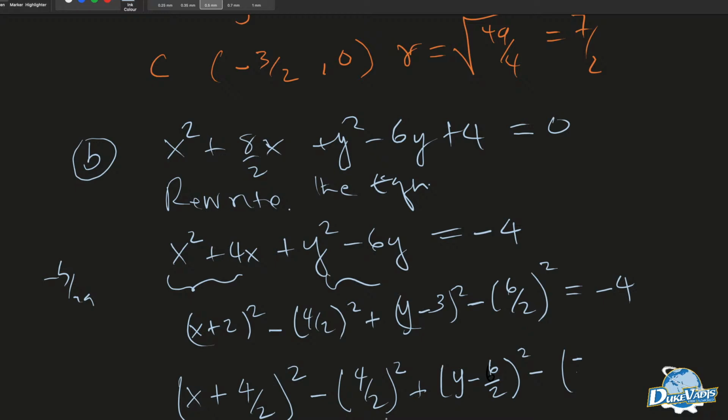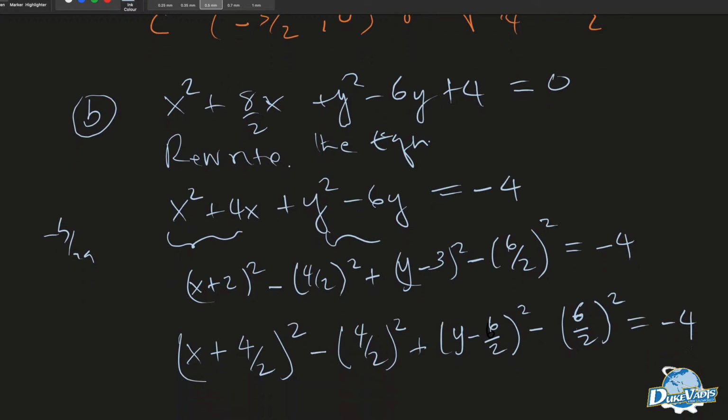And here, if you look at it, this one is 6. So 3, this one 6 over 2, this one over 2. So that is 6 over 2 squared equals minus 4.